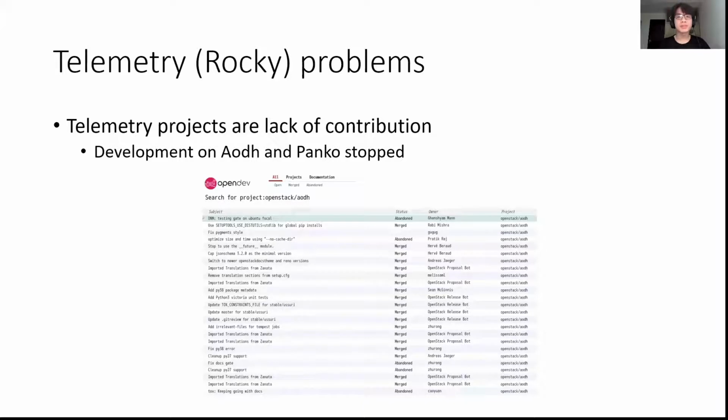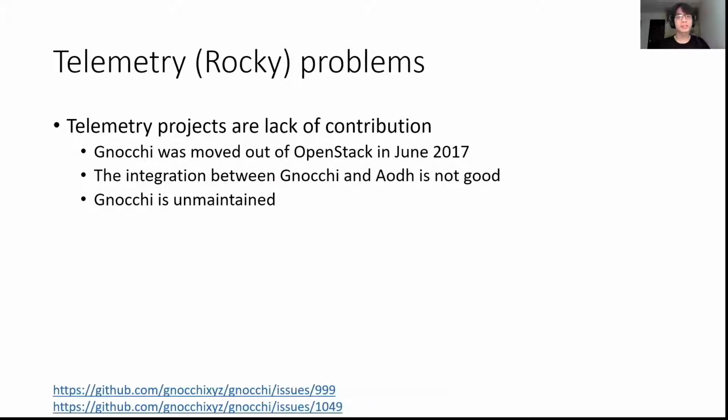The development of Panko and Aodh has stopped. Gnocchi was moved out of OpenStack in June 2017. The integration between Gnocchi and Aodh is really not good. Gnocchi is unmaintained.